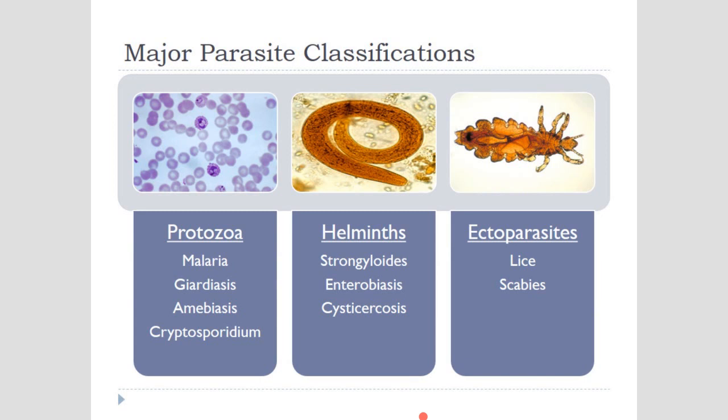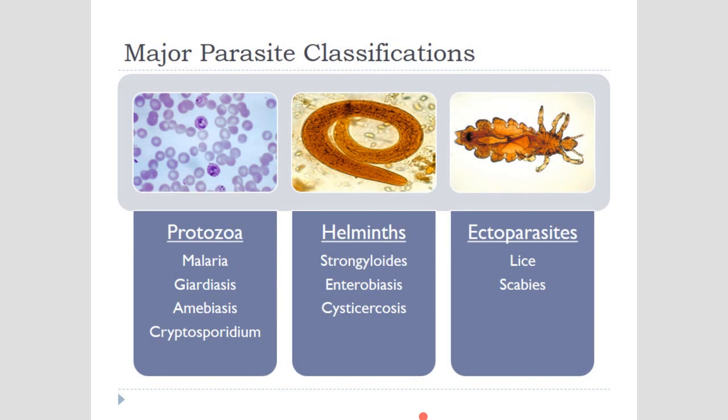Giardia, we have amoebiasis, we have Cryptosporidium. I'm going to touch upon that. Helminths, again, are the worms, and there are different types of worms. I'm going to discuss the whole immune response. We talk about parasitic immunology as well, so you should be a little bit familiar with that, especially the cuticle of these parasites. Strongyloides, enterobiasis, and cysticercosis are the three important ones.